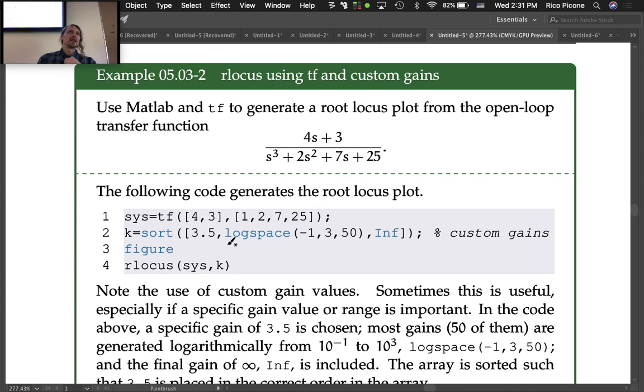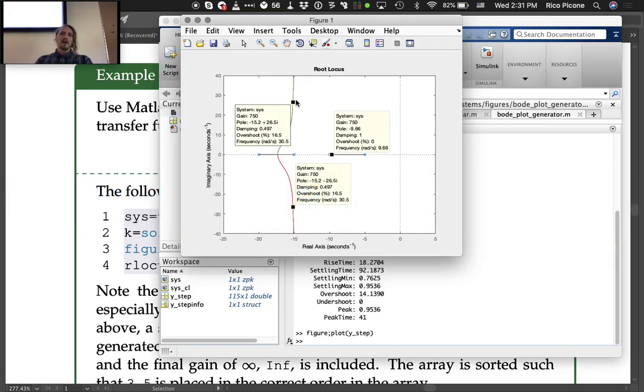You don't have to do this, but sometimes you're interested to put in some custom gain values. So when you use rlocus, MATLAB just chooses gains for you. They're usually pretty good. But notice that when we were here, we wanted to change the gain. Like you go from 750 to 846 here. It's a big jump in gain. You might be interested in points in between there.